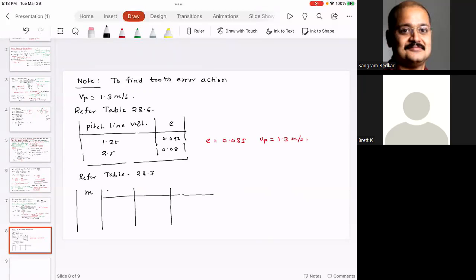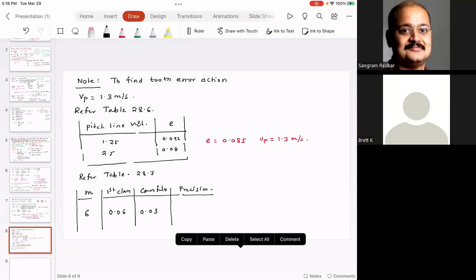So there is first class commercial, carefully cut, and then precision. So in our case, module is 6. So when the module is 6, first class commercial is 0.06, carefully cut 0.03, and precision 0.017.